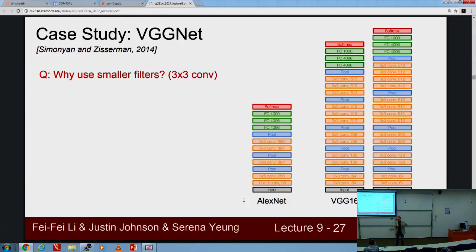That's the window size it's looking at. On the other hand, in the first layer of VGG, the receptive field is 3 by 3. My question to you is, what is the receptive field size on the second layer of VGG? Namely, each neuron in the first layer of VGG is connected to a 3 by 3 patch. Each neuron in the second layer is connected to what?